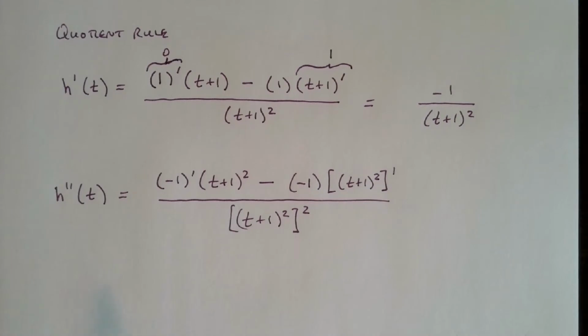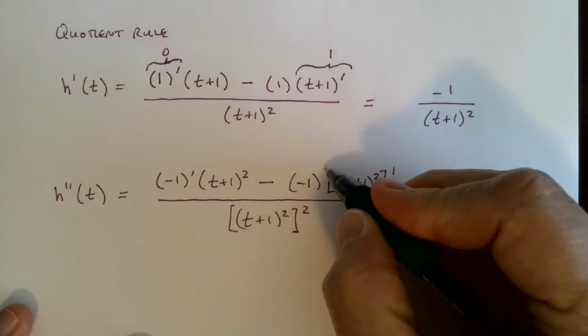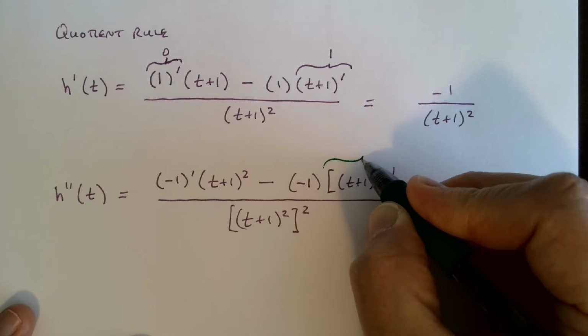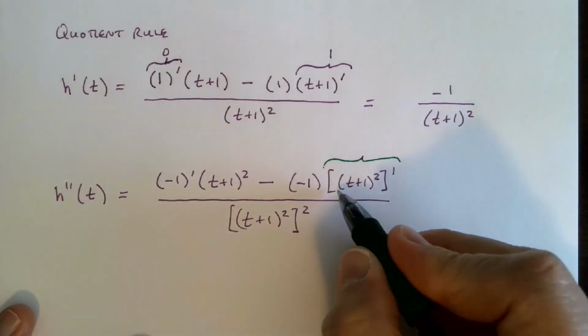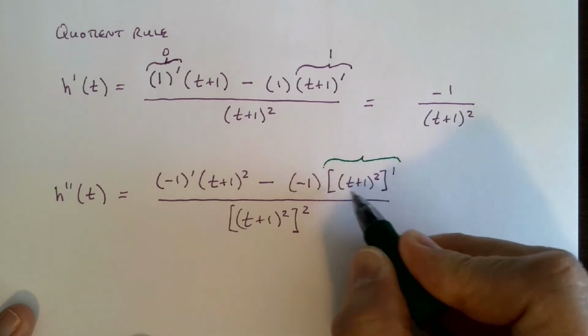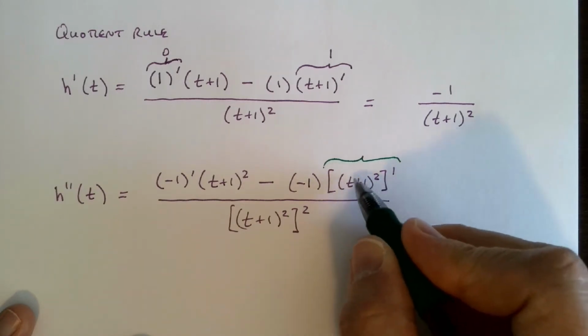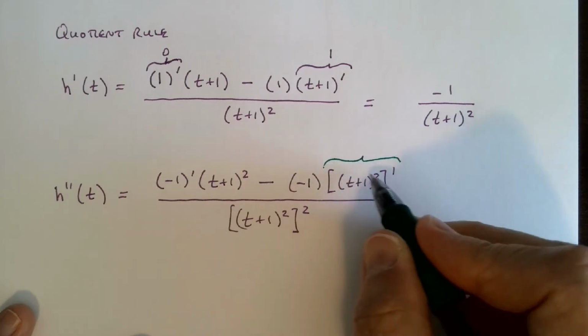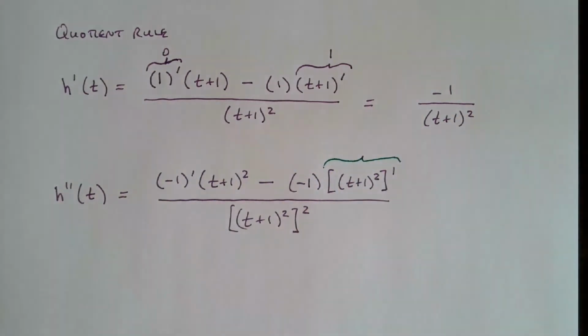Now you could expand it out. In fact, it turns out I'm going to expand it out because technically we've got to be careful. We don't quite have the tools to really talk about taking a derivative of a function inside a function. I've got t plus 1 inside the squaring function. I've got a composition here. We're going to talk about that in the next set of lectures with the chain rule.